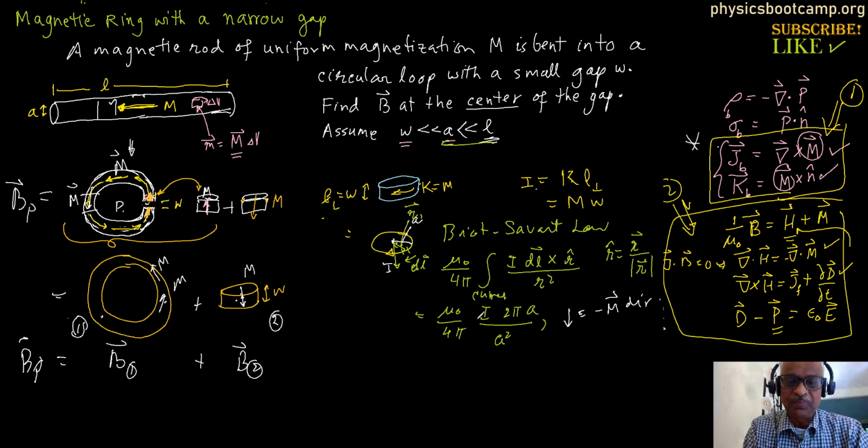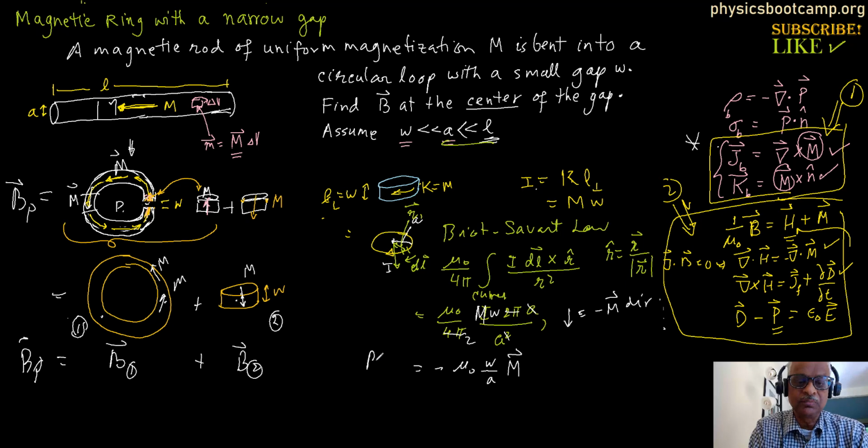Now let's see. So I is mw, so this is mw. 2 pi cancels 2, and a cancels a squared. And m with the minus m, writing all this in vector form, mu naught w over a m vector.